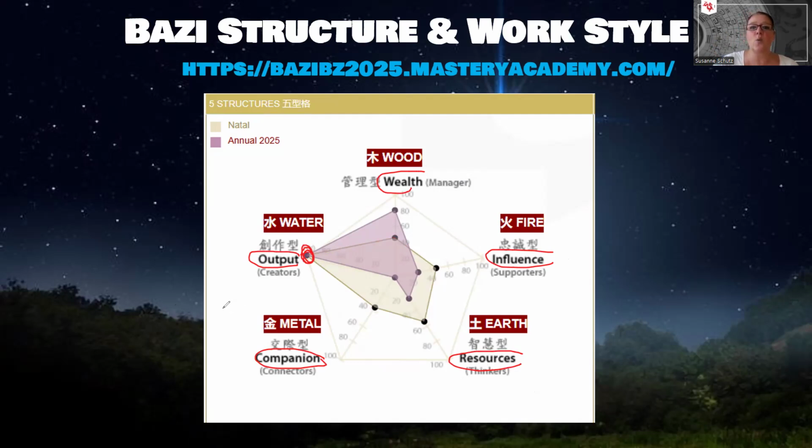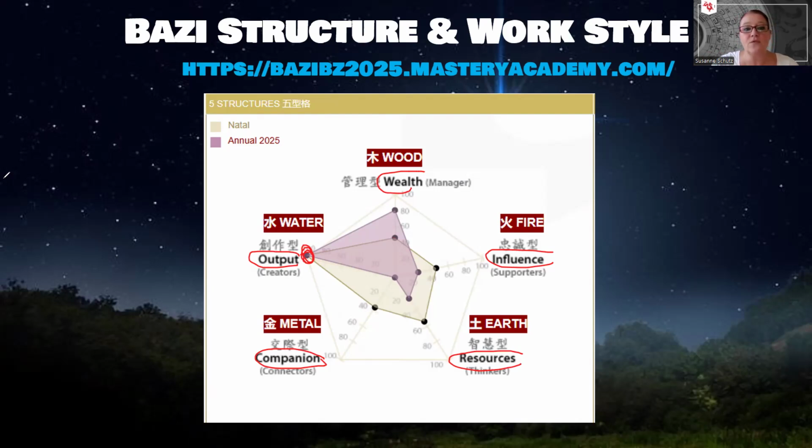Now, sometimes you have 2 structures that are equally as strong. So maybe you have a wealth and a resource structure both at 80%, then both of them apply. So just look at the strongest, forget completely about the rest.